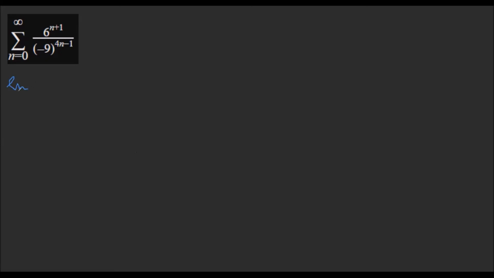We're going to say that the limit as n approaches infinity of the nth root of the absolute value of 6n plus 1 over negative 9 to the 4n minus 1 is equal to the limit as n approaches infinity of the absolute value of 6 to the n plus 1, all to the 1 over n, over negative 9 to the 4n minus 1, all to the 1 over n.